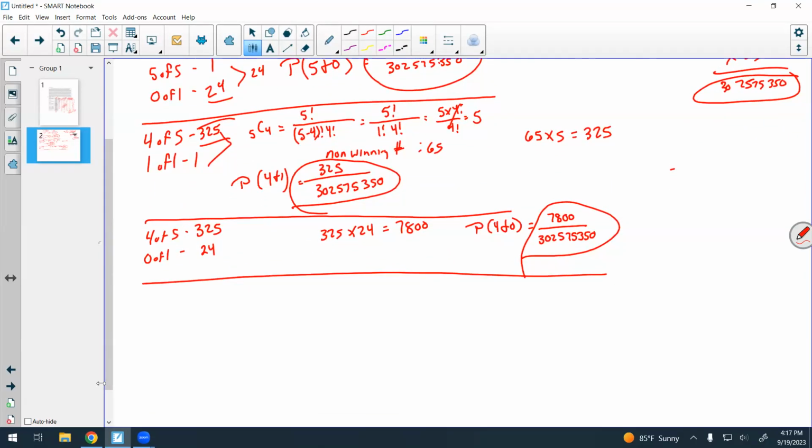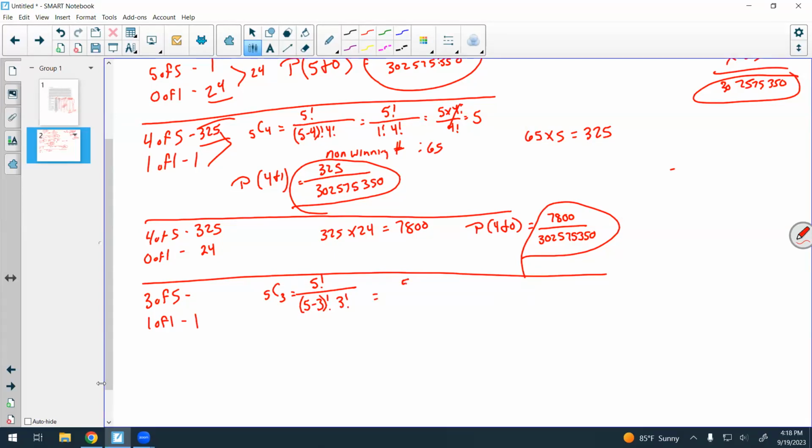So our next prize tier is 3 of 5 and 1 of 1. And we know 1 of 1, there's only one way to do it. Now, 3 of 5. So I have 5 and I'm choosing 3. 5 factorial over 5 minus 3 factorial, 3 factorial.